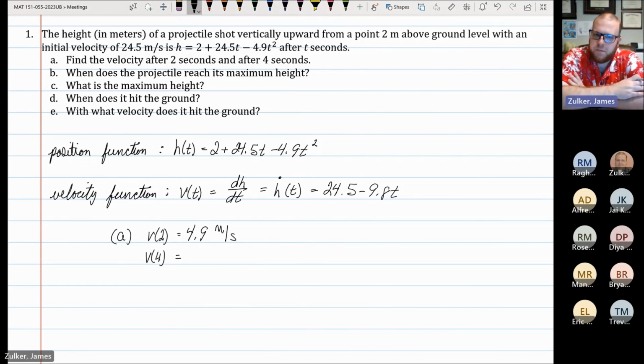V of 4 would be 24.5 minus what? 39.2. Yeah, 39.2.